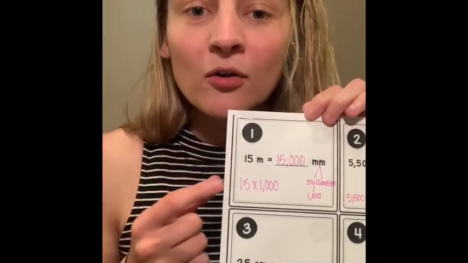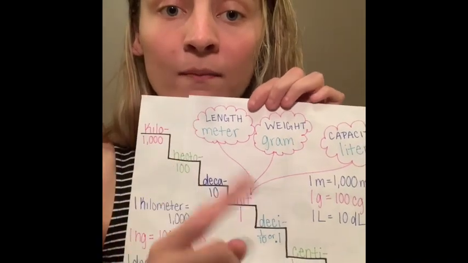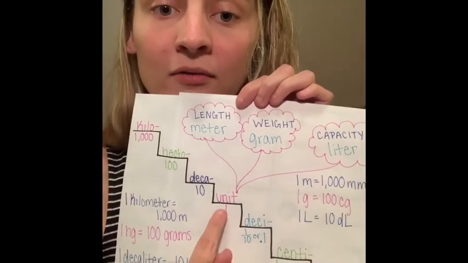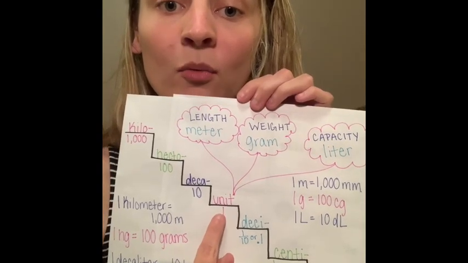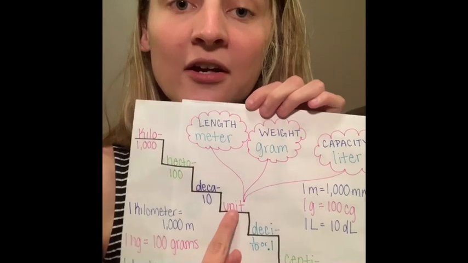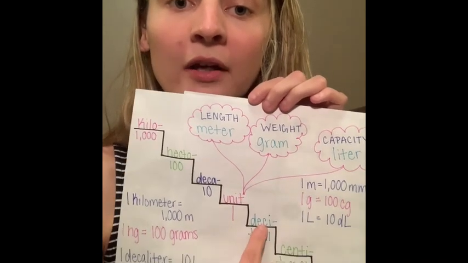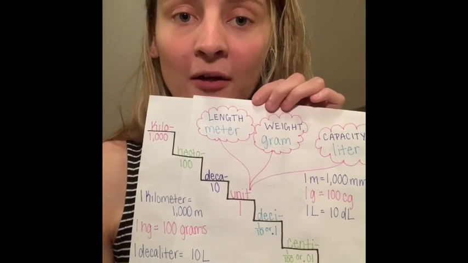In number 1, we went from meters to millimeters. So on this, we are going to go from meter, which is a base unit, all the way to millimeters. So we're going down the staircase, correct? And we go down the staircase how many times? 1, 2, 3 times to land on millimeter.